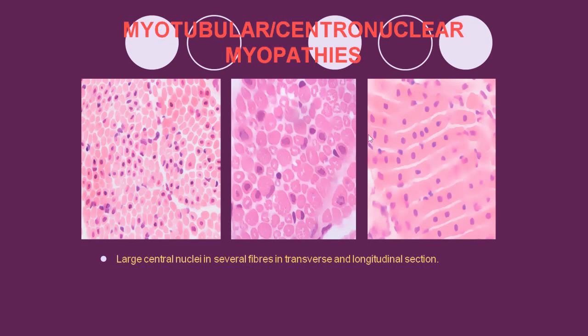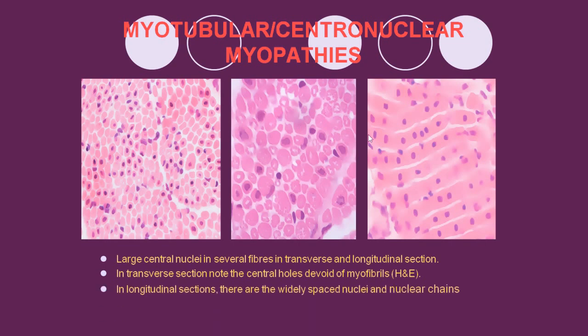Large central nuclei in several fibers in transverse and longitudinal sections. In transverse section, note the central halos devoid of myofibrils. In longitudinal sections, there are widely spaced nuclei and nuclear chains.